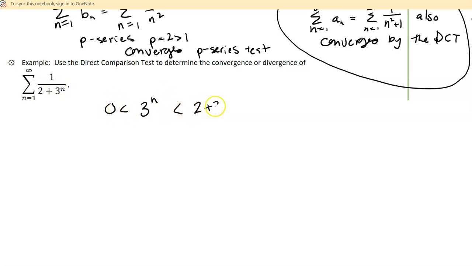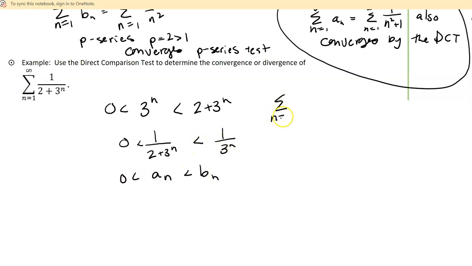And it's less than 2 plus 3 to the nth power. So in a similar fashion as what we did before, 1 over 2 plus 3 to the nth power is going to be less than 1 over 3 to the nth power. And of course, both of these things are positive, so we don't have to worry about that. So we'll have a sub n between 0 and b sub n, and we'll call this one right here our b sub n.